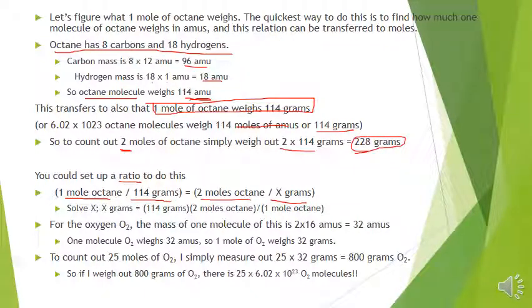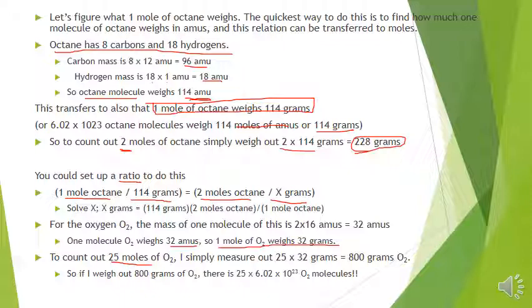Now for the O2, I can do the same thing for oxygen. 1 molecule weighs 32 AMUs. That means that 1 mole weighs 32 grams. So if I want to count out 25 times 6.02 times 10 to the 23rd, or just 25 moles of O2, I simply weigh out 25 times 32 grams.